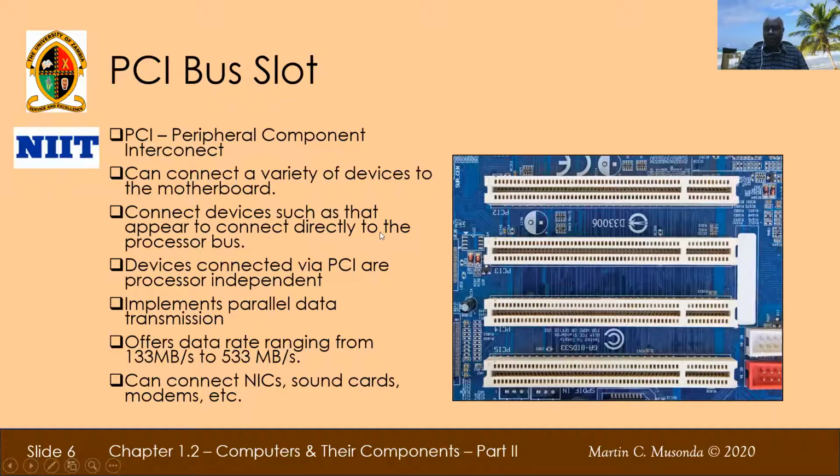They connect devices such that they appear like they're connecting directly to the processor, but they are not. They normally connect through a bridge because these tend to be slower than the speed at which the processor operates.